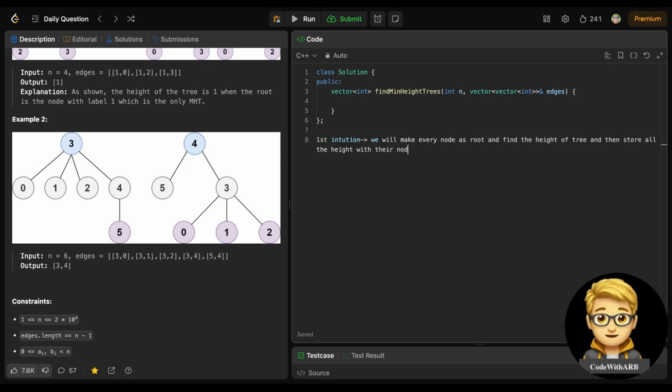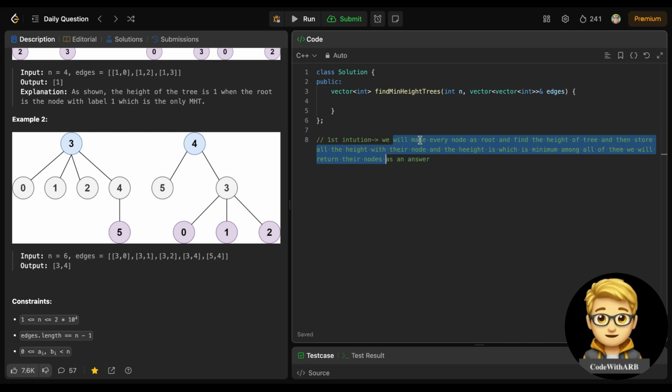Among all of them, the height which is minimum, we will return their nodes as the answer, right? This is the first thing that should always come to your mind.